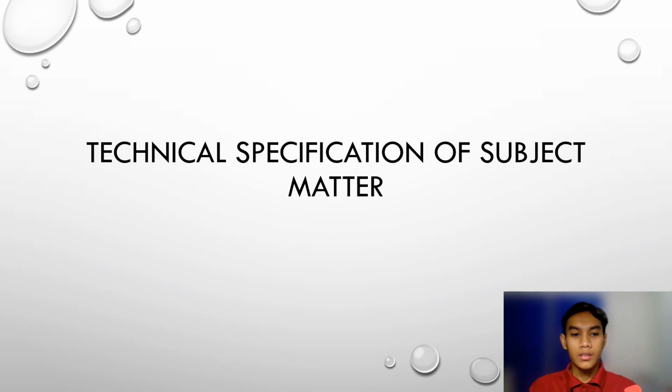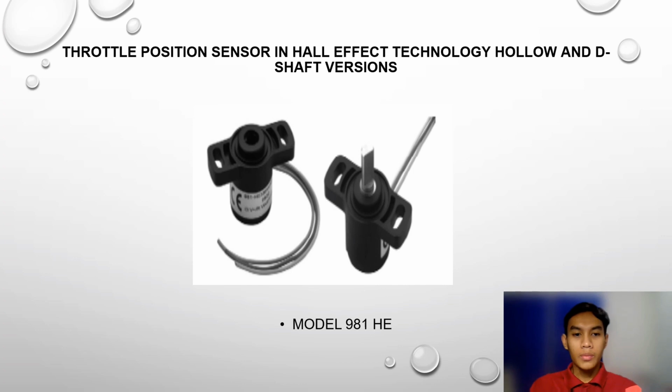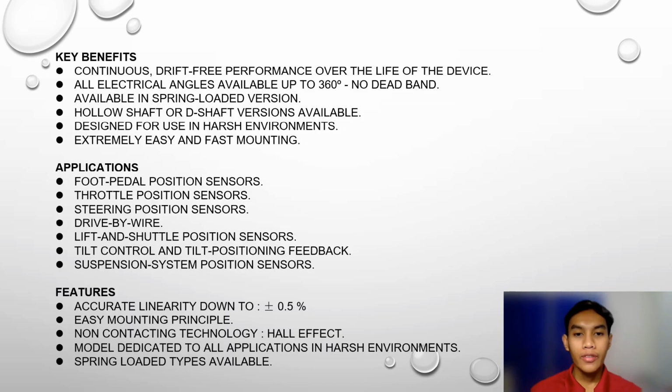Next is technical specification of subject matter. Total position sensor in Hall effect technology, Hollow or D-shaft version, model 981HE. Key benefits: first, continuous drift-free performance over the life of the device.